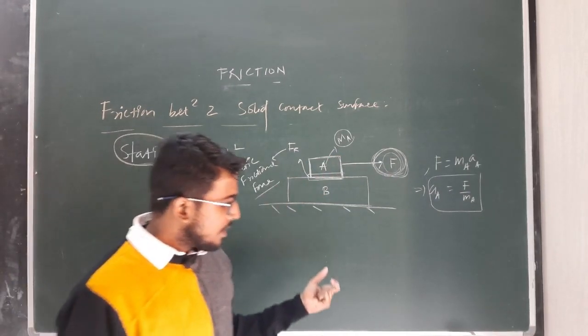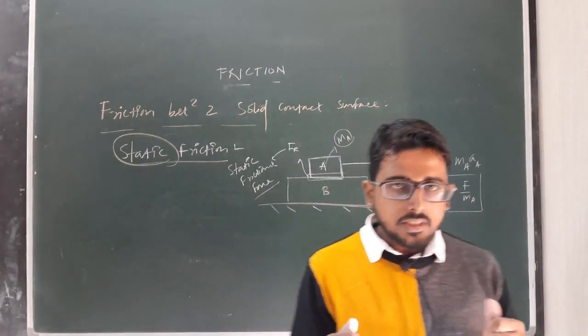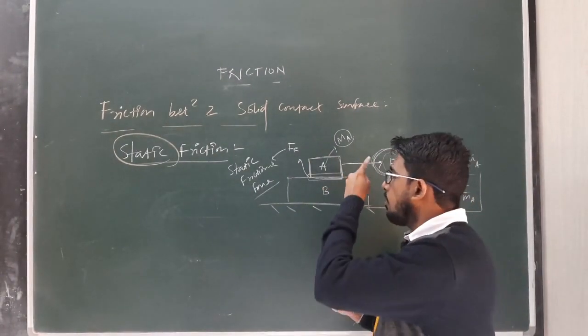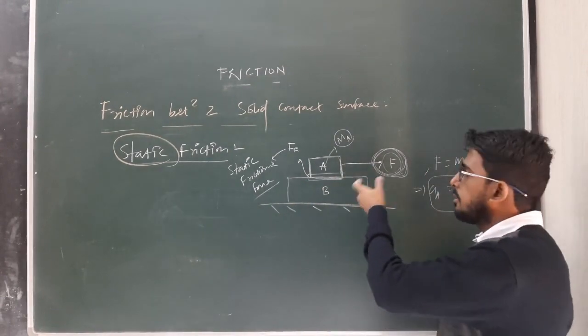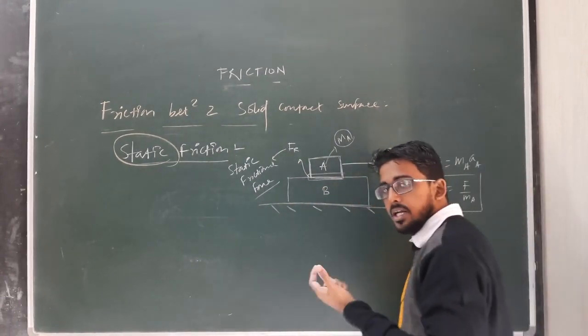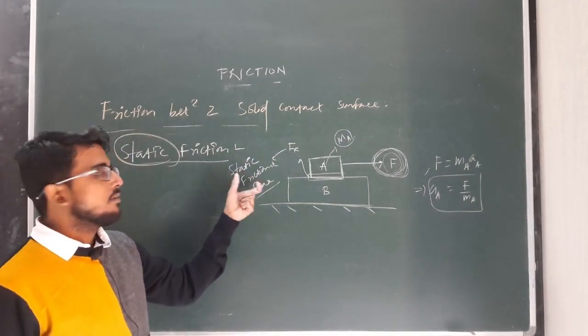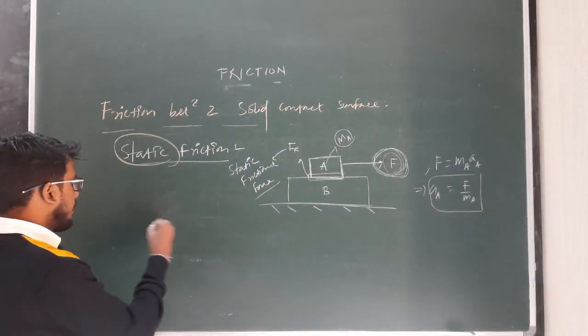Clear? So whenever there is no motion or the complete system is in static position, then in that case the force which opposes the effect of the external force which tries to create any kind of relative motion is known as static frictional force.